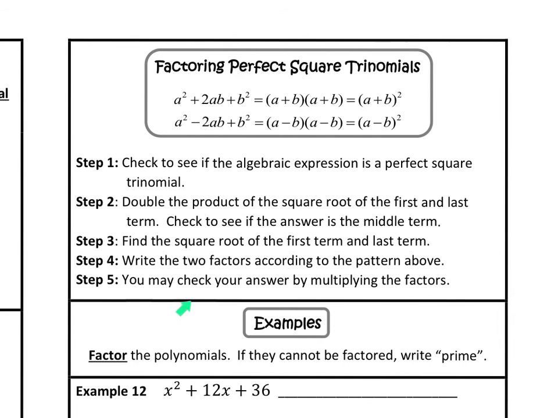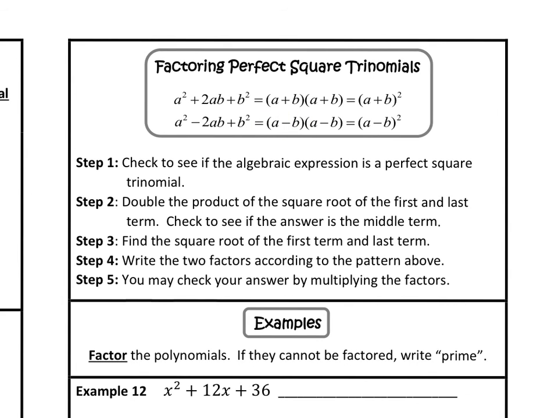If you're not sure, then go ahead and check it, and you can check it by multiplying. But I do want to make sure that in the notes that we check it, just so that we can see that this pattern is working.